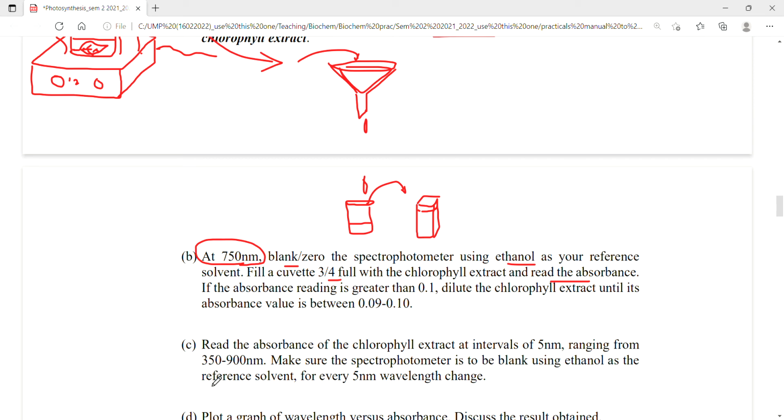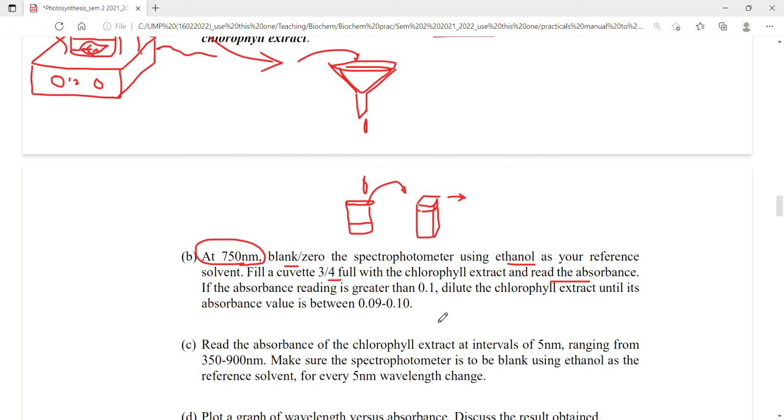This step is a necessity to make the needle of the spectrophotometer become zero. So that's the use of the blank. Once it's ready and the reading is zero, put in this cuvette that has the chlorophyll extract and start reading, and this will be the measurement.